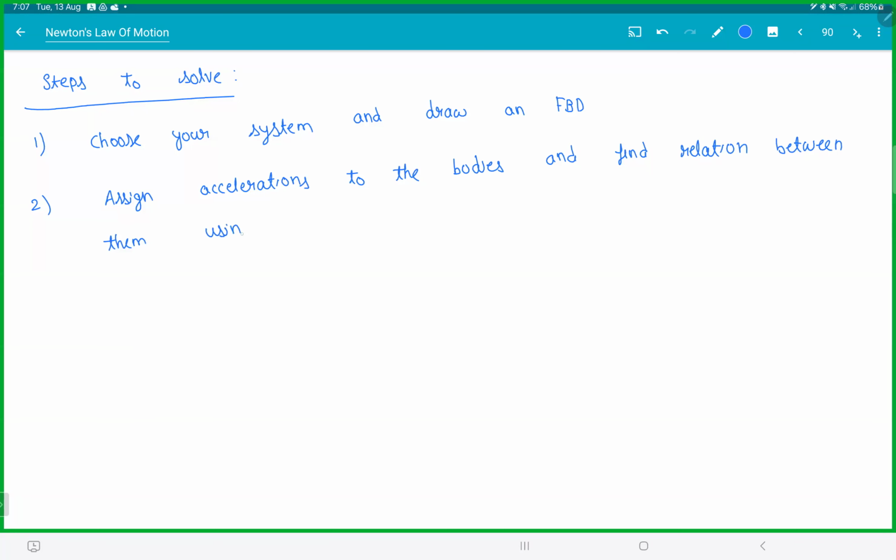Now constraints we have studied. So step 1, you learned how to draw FBDs. Step 2, you learned how to draw constraints.